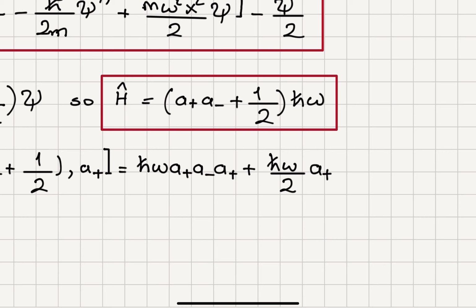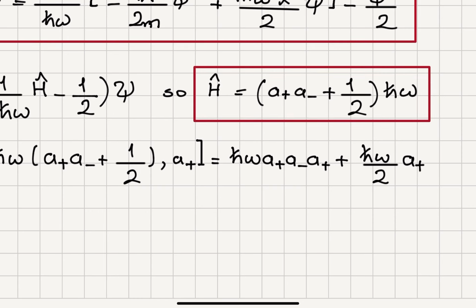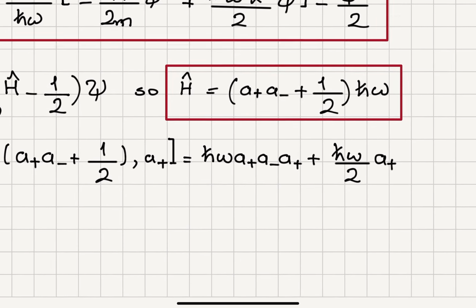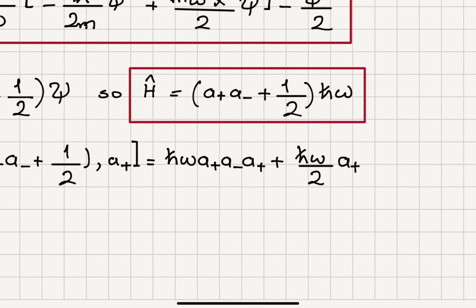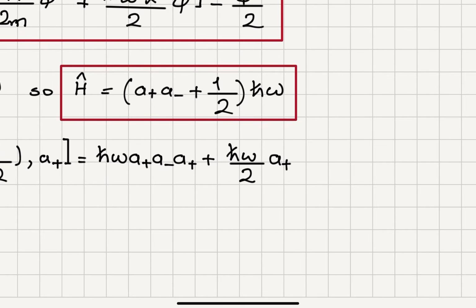And then we switch the order of the operators. So A plus goes to the first term, and this is the actual operator we apply first. So that's going to be minus H bar omega A plus A minus.